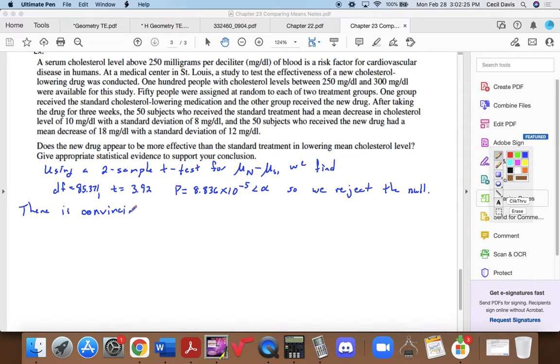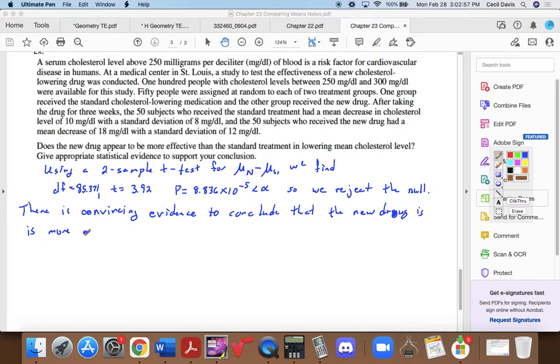So there is convincing evidence to conclude that the new drug is more effective. That's the proper terminology.